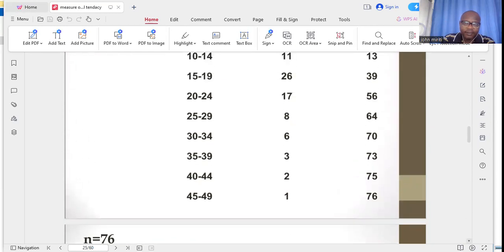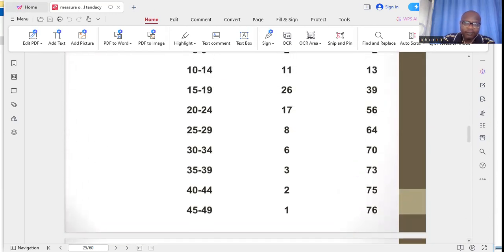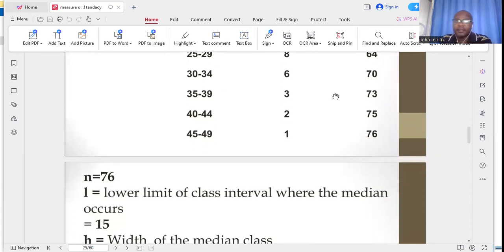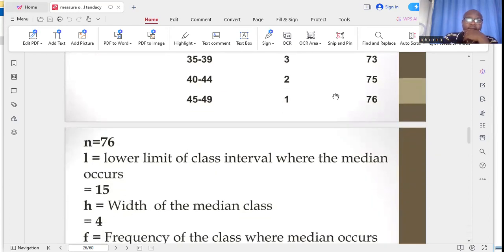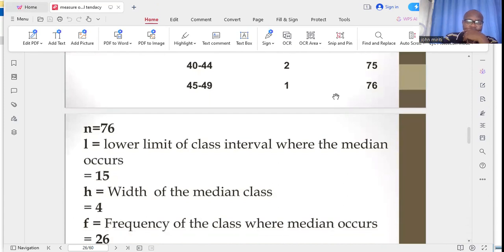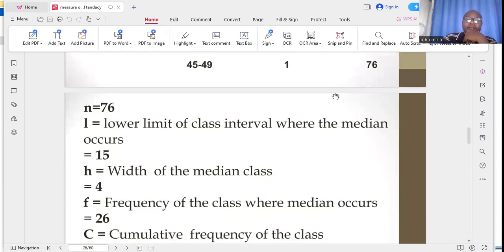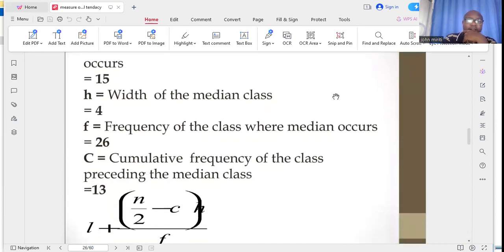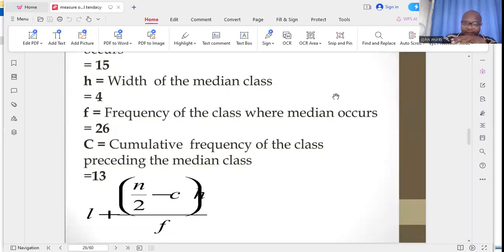So in this case, you look where that is. 38 is somewhere here. You have arrived at 38 by dividing 76 by 2. So in this class, the low limit is 15. The range of the class is 4, and the frequency is 26. The cumulative frequency of the class preceding the median is 13.